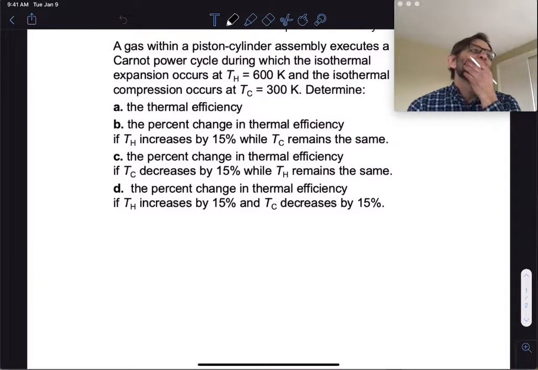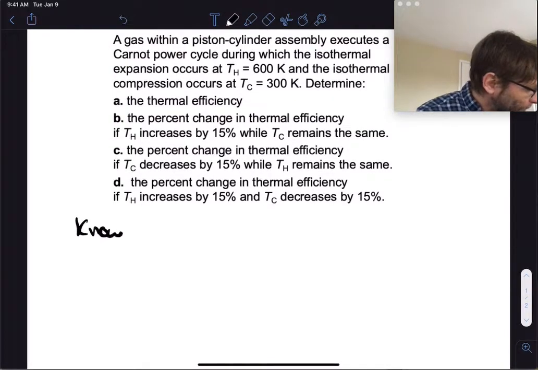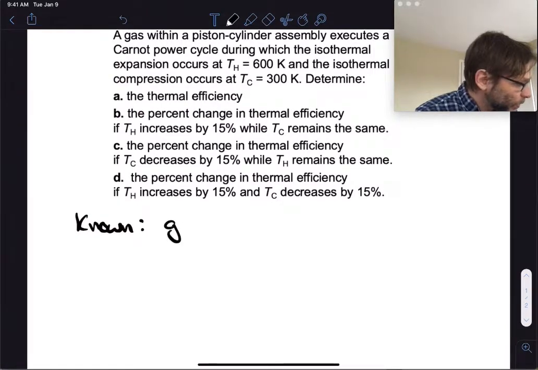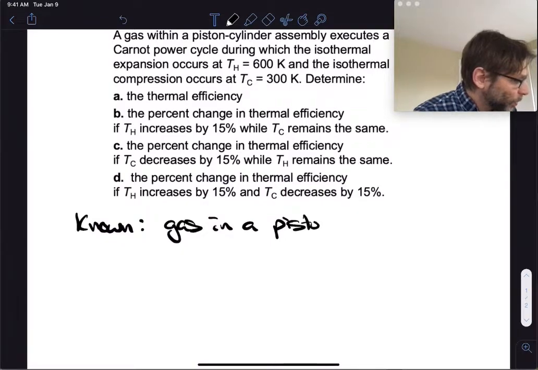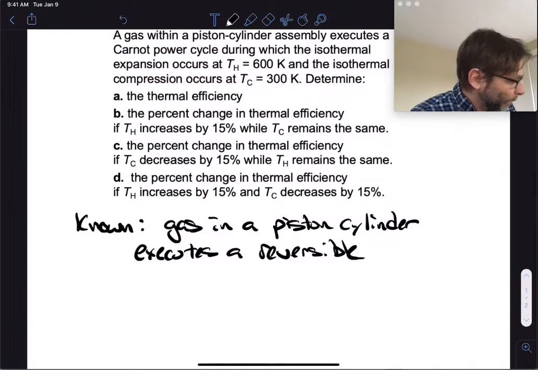We did do a Carnot cycle. Here's what I'm going to do. Let's do it this way. First, known: gas in a piston cylinder executes a reversible Carnot cycle.